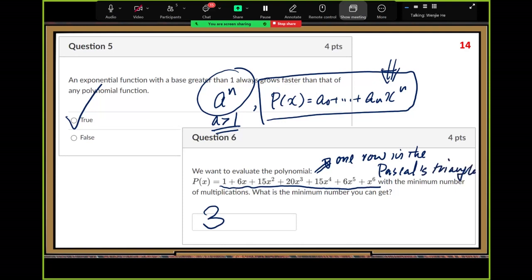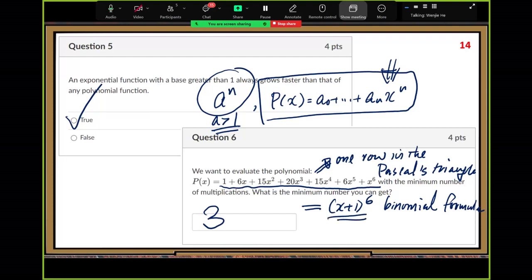You look at the structure of the Pascal's triangle. That means this polynomial can be written as x plus 1 to the 6th, by the binomial formula, because Pascal's triangle corresponds to the binomial formula.